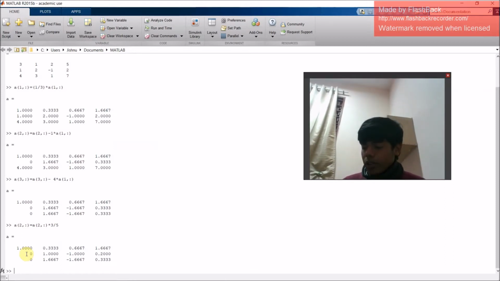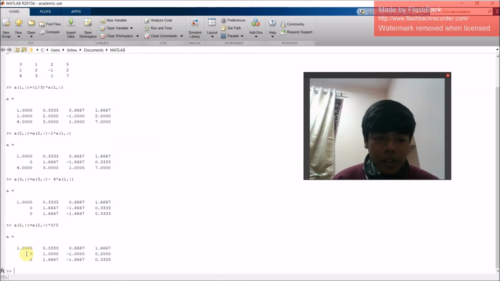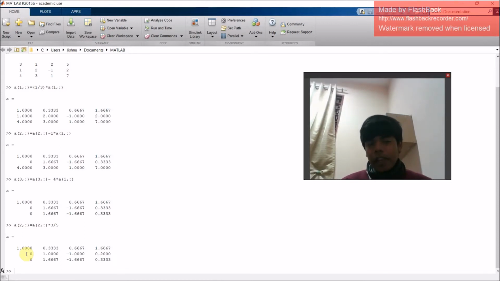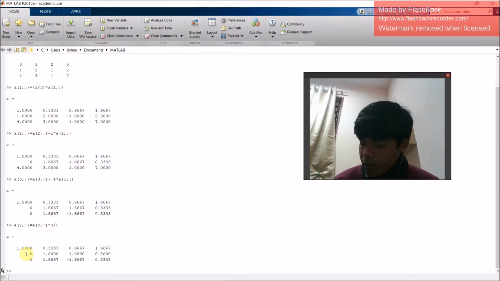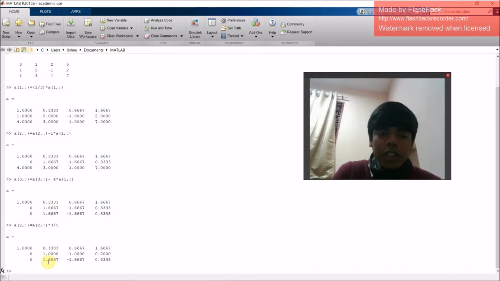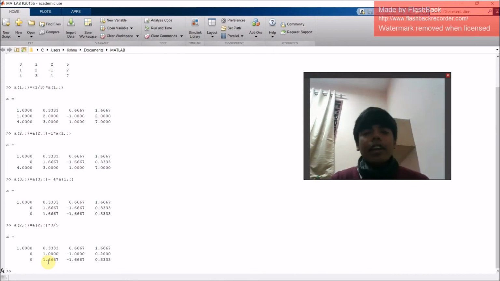Now what we're going to do is subtract, let's see, that's 5 by 3 as well, and that's 1, so we can do a row operation, multiplying the second row by 5 by 3 and then subtracting that from the third row.